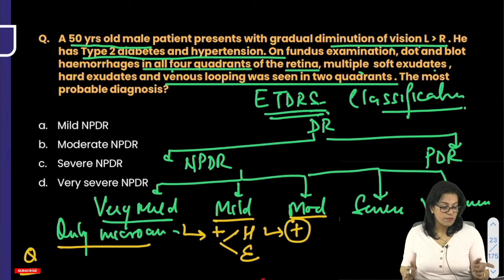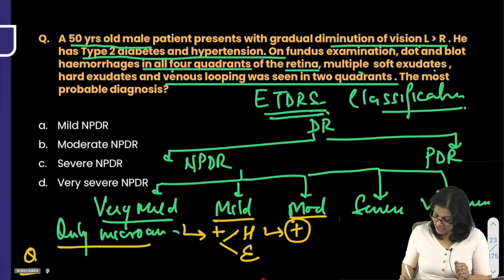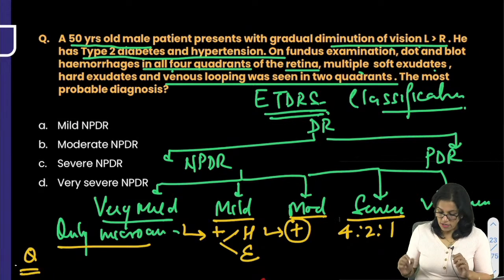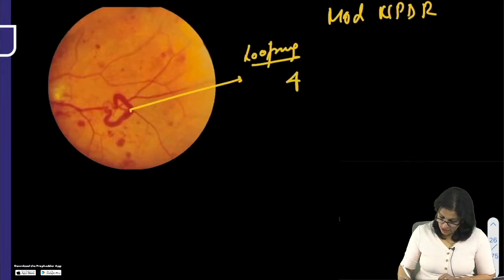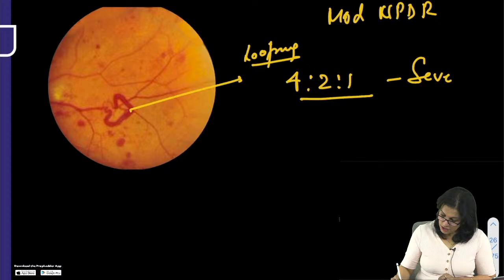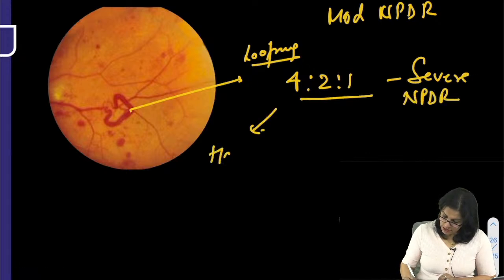What is severe? Somebody has written and answered correctly. Severe is defined by the 4:2:1 rule. What is the 4:2:1 rule? I'll write it here. The 4:2:1 rule is the definition for severe NPDR, which says hemorrhages and microaneurysms in all 4 quadrants.